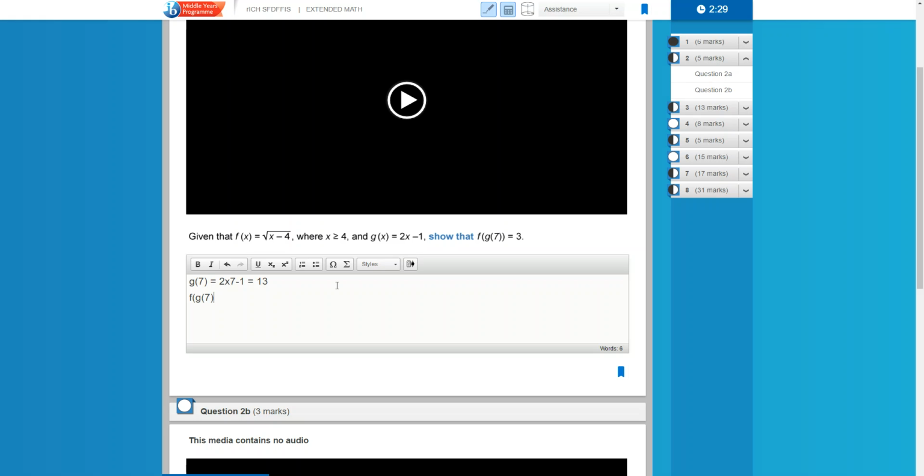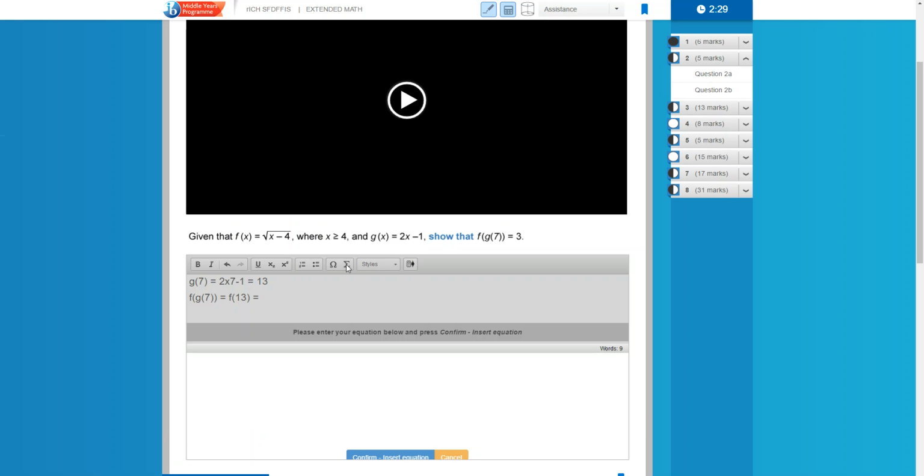F of g of 7, that's the same as f of 13, which is, now I'm going to use the equation editor here, which is this one.